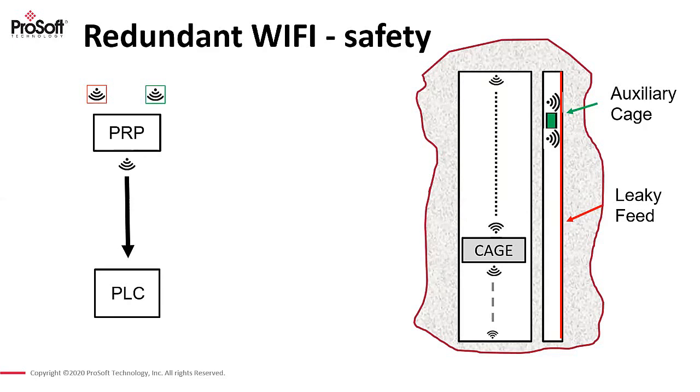And what the switch does is it receives two signals at the same time and drops one. So whichever one gets there first, doesn't matter, and it'll just ignore the other one. So you always have one of those links is going to be working.